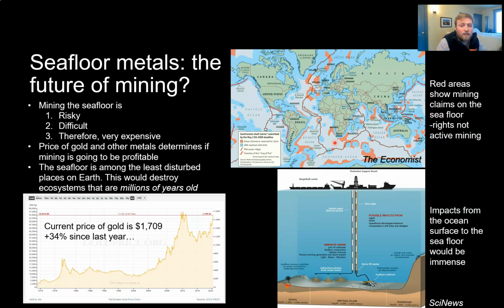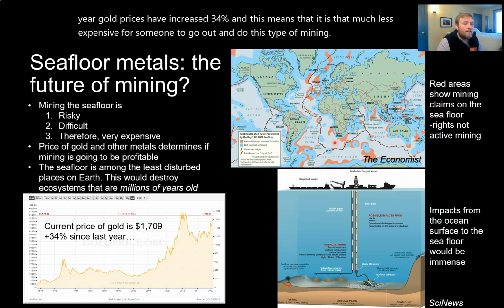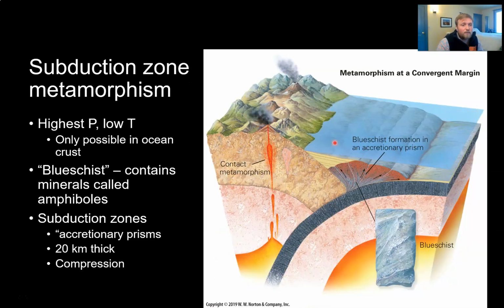And this means that it is that much less expensive for someone to go out and do this type of mining. So, you know, this is a thing to consider environmentally: the side effects of economic downturn can often lead to increased environmental degradation from things like gold mining. Anyway, I'll get off my soapbox.